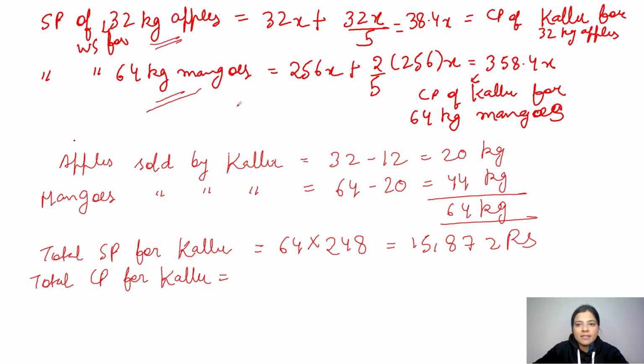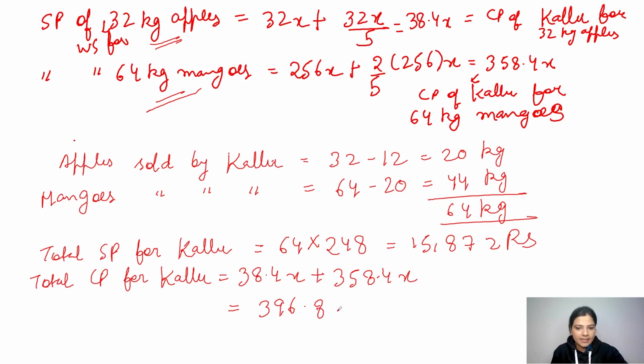Selling price for the wholesaler was the cost price for Kalu. So that will be 38.4x, that was for apples, plus 358.4x, that was for mangoes. So when you add them up, you get 396.8x. So this is the total CP for Kalu.